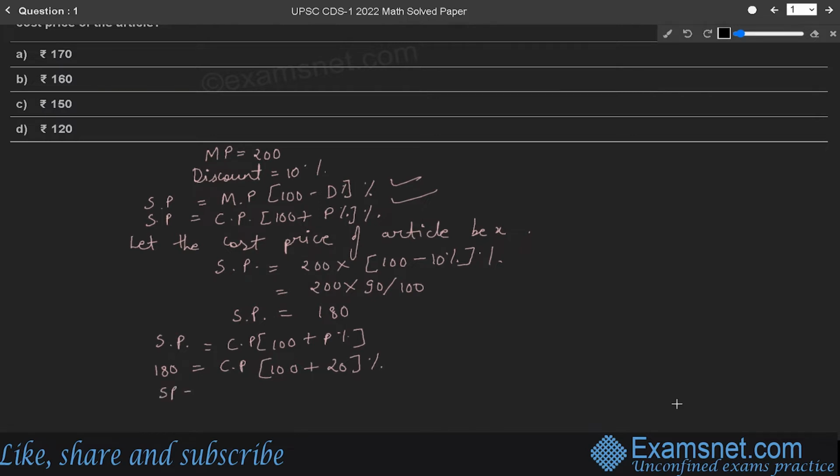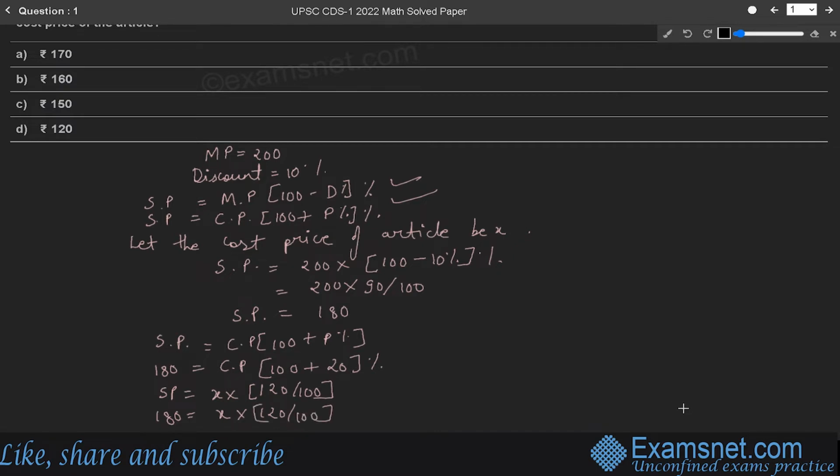So SP is equal to X into 120 upon 100, which gives 180 is equal to X into 120 upon 100.